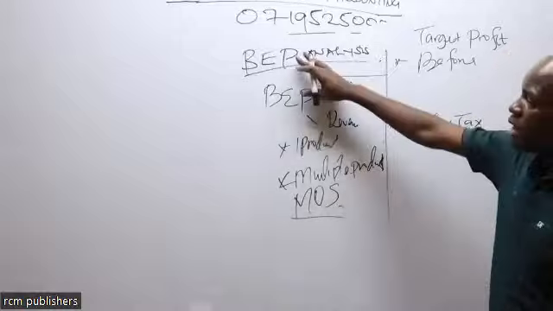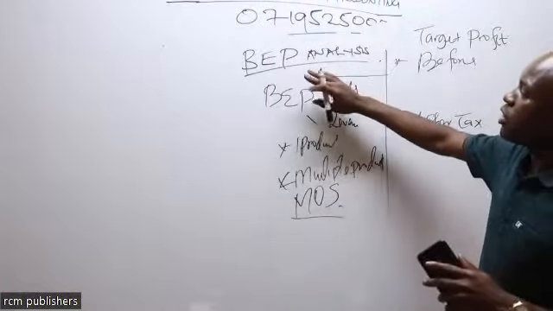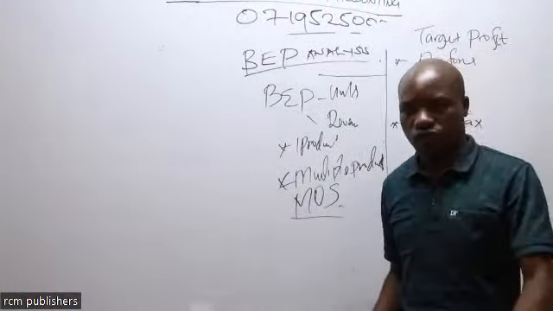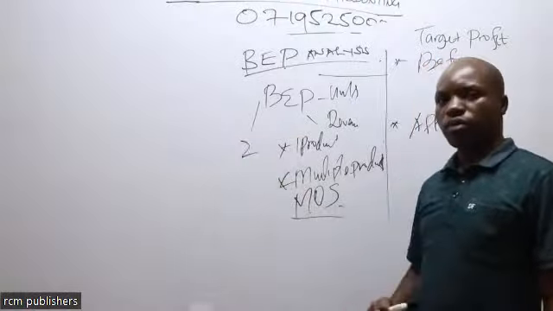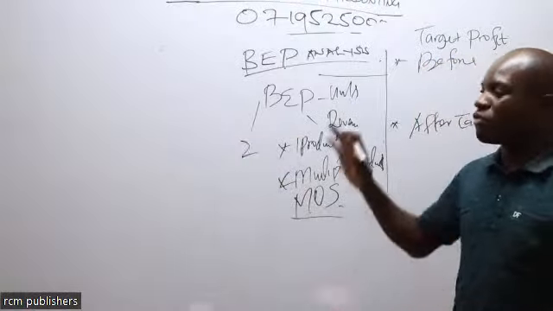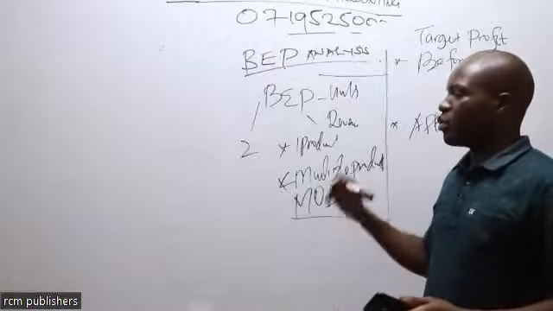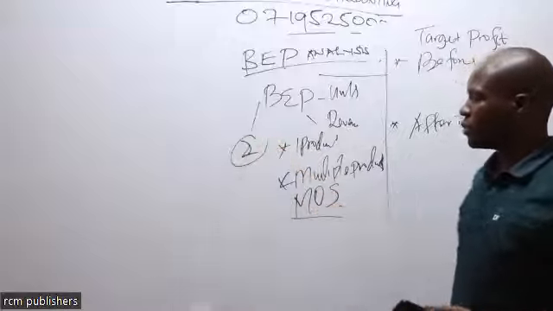Remember, in this topic, in break-even point analysis, we only know 2 types of costs. It takes us back to which topic? Number 2. So number 2 is the backbone of everything here. From topic number 1 to topic number 10, topic 2 will become the point of reference all through.